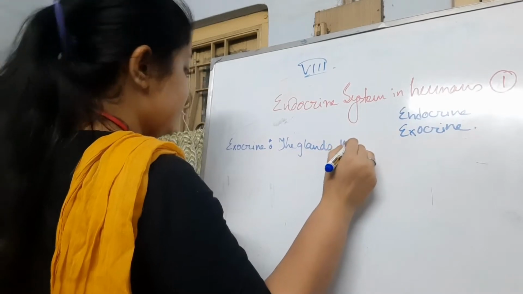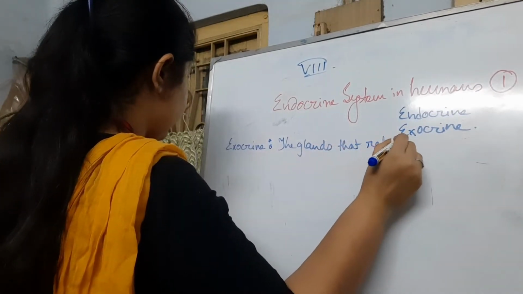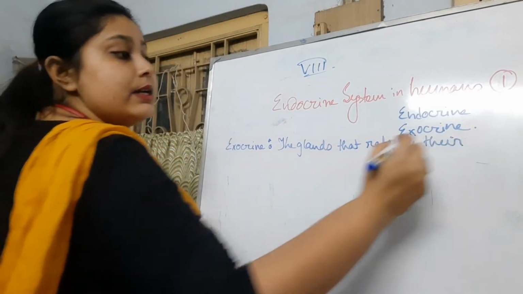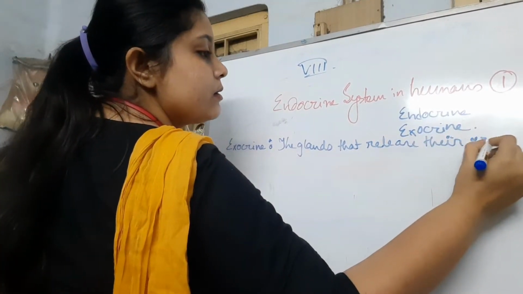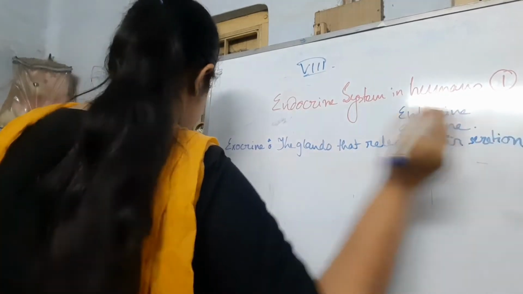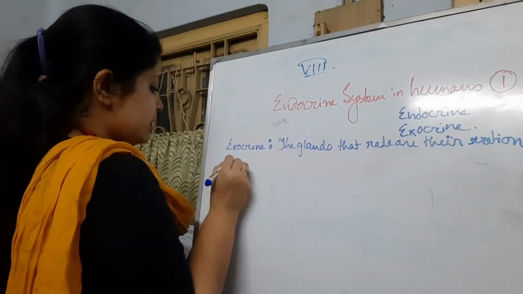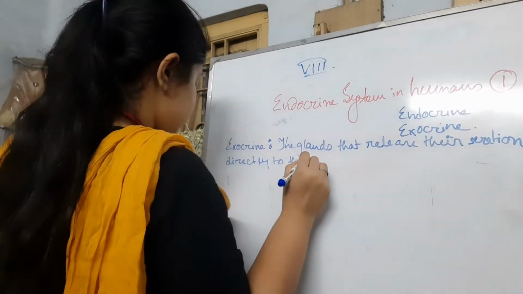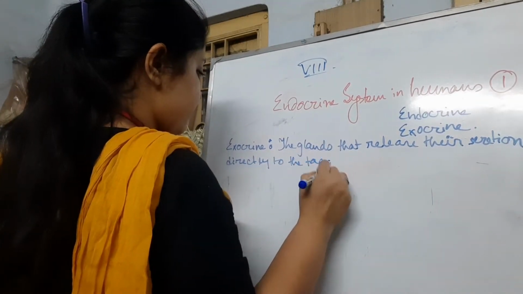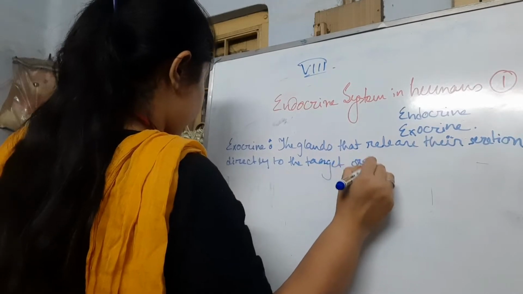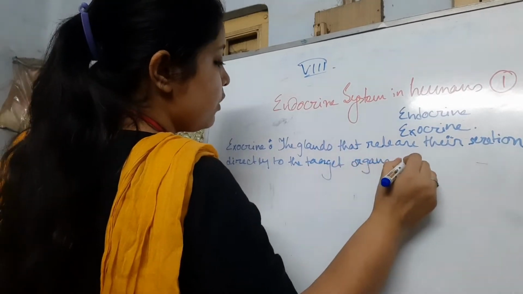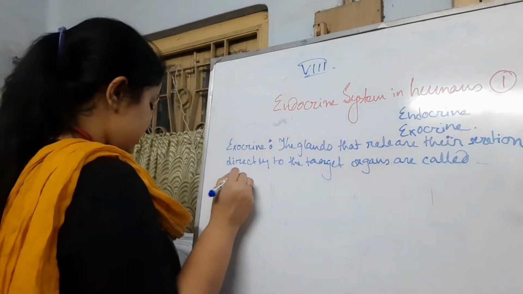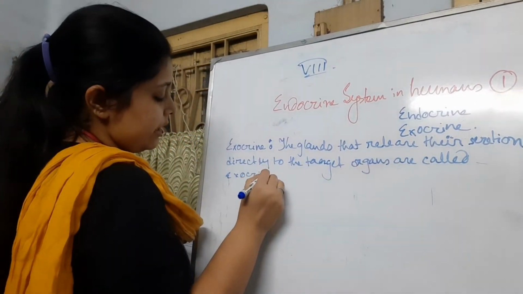The glands that release their secretion directly to the target organ are called exocrine glands.